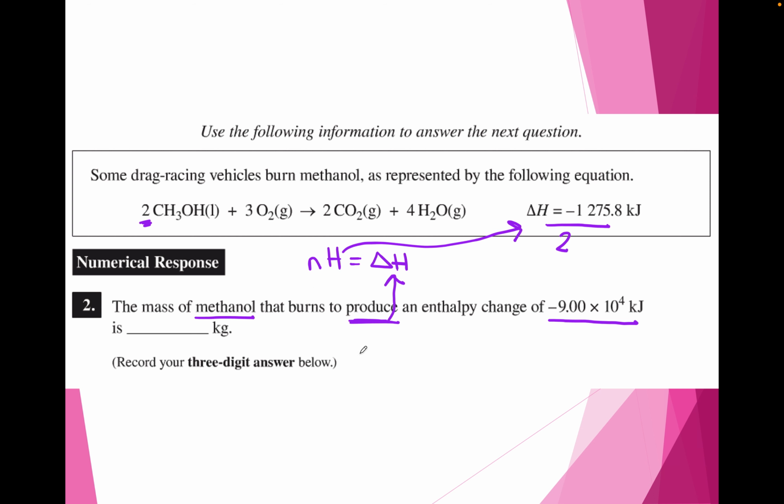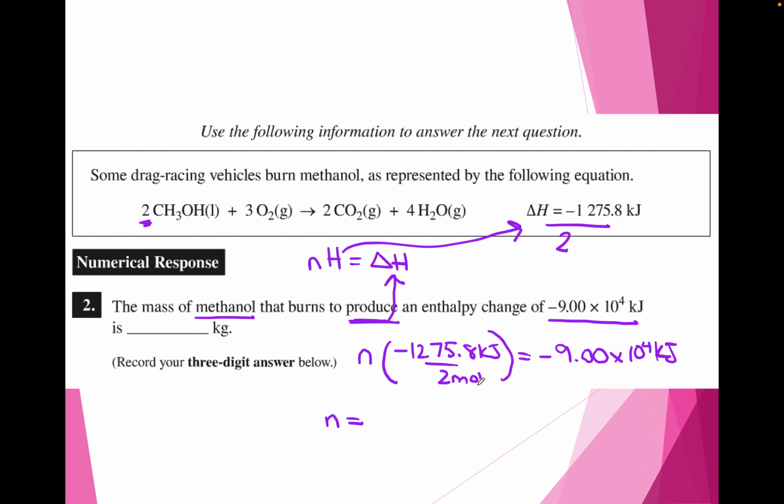So if I wrote this out, I'll have n times negative 1,275.8 kilojoules divided by 2 moles. And then this will equal negative 9.00 times 10 to the power 4 kilojoules. So we want to isolate n, so we can divide both sides by what we have in the bracket.